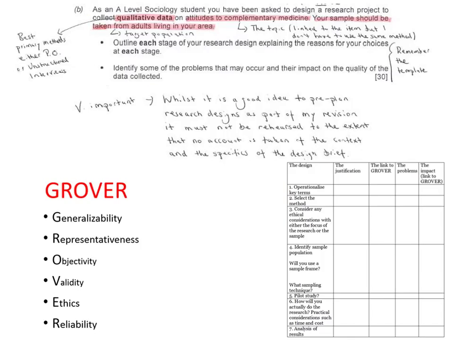So even though I probably pre-prepared a model answer for a qualitative research design, I can't just regurgitate that in the exam. I've got to make sure that I really focus that research design on the topic and the target population that I'm given.